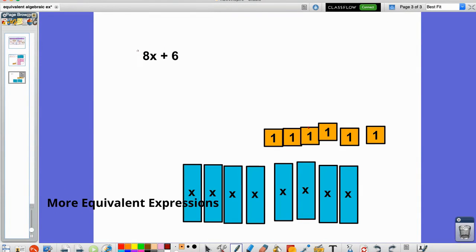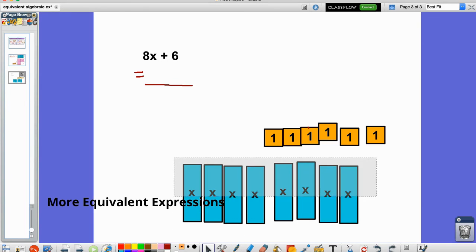I have one more expression for you: 8 times x, or 8 groups of x, plus 6 equals what? I already did the algebra tiles for you. How could we write another expression that's still the same as this? One idea is that we can separate any number of these.